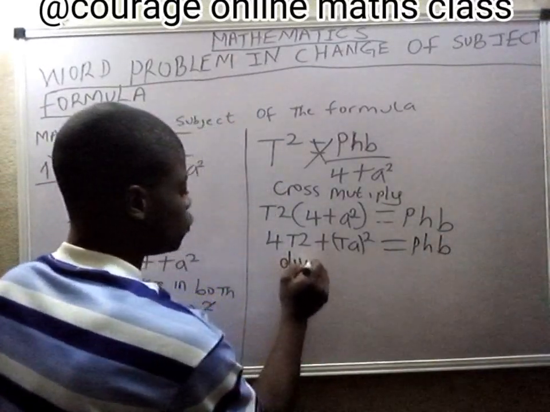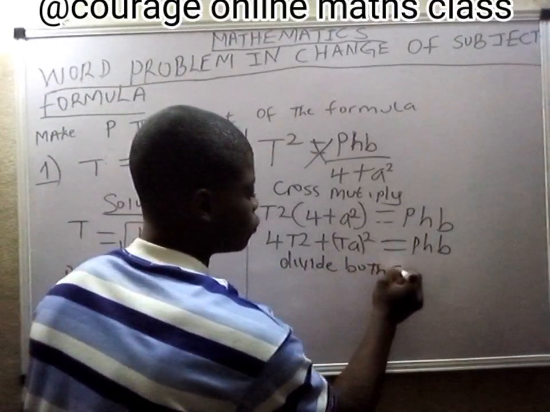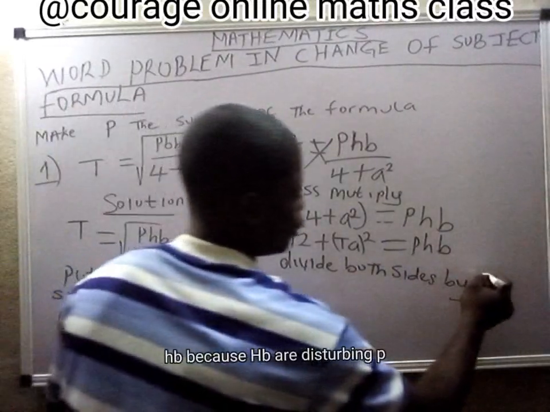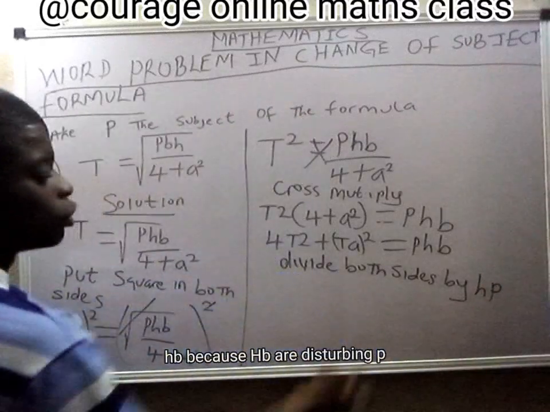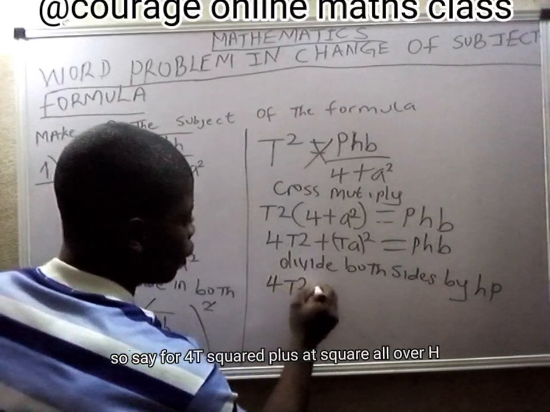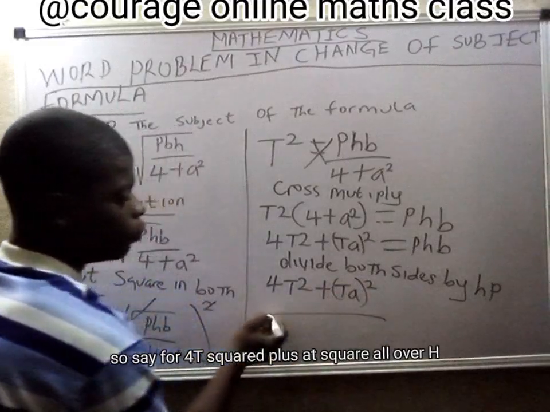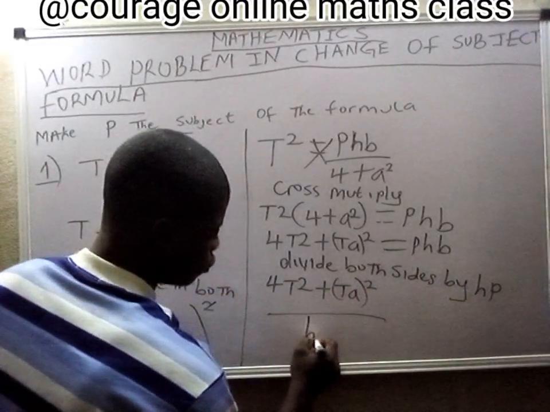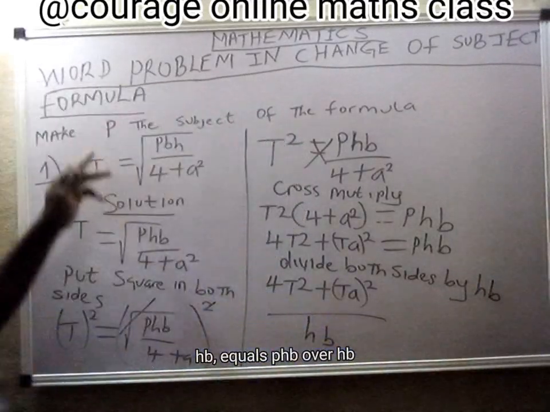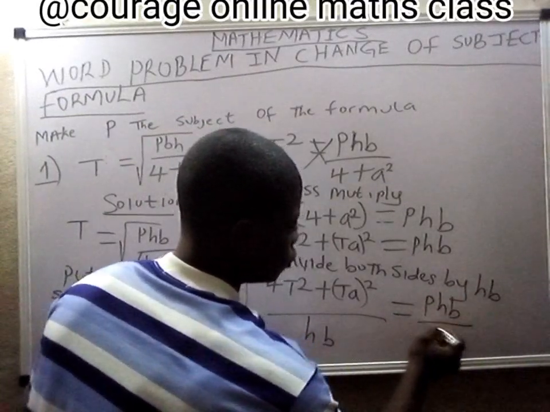Divide both sides by HB, because HB is multiplying P. So we say 4t square plus t square A square all over HB equals P H B over HB.